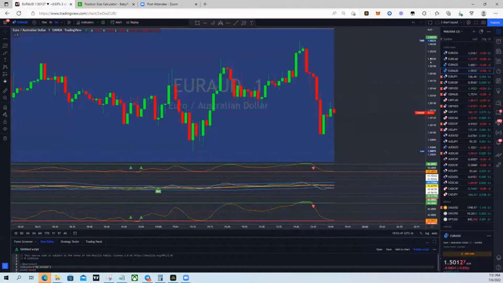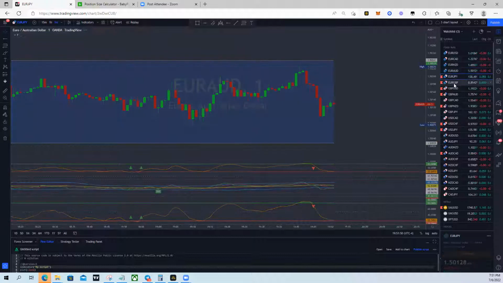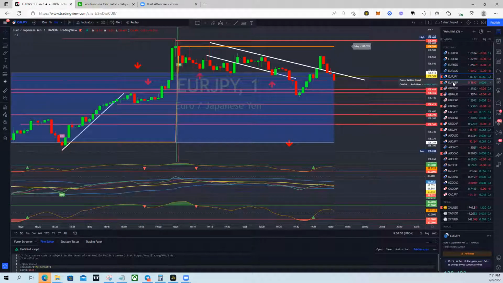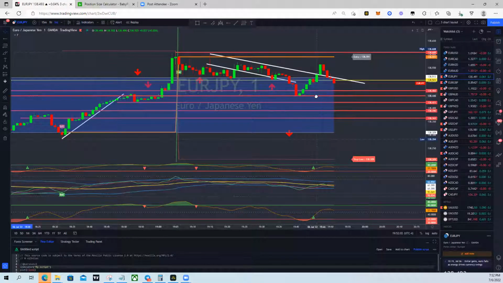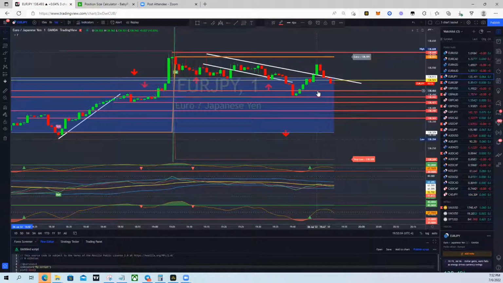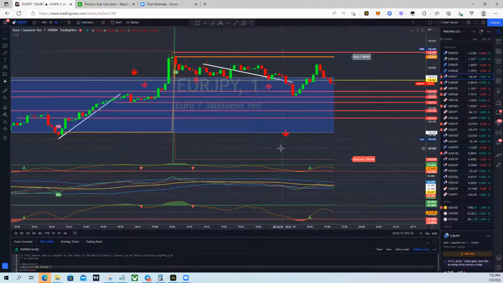Let's keep scanning. See what else we got. JPY don't want to make up its mind. Trend line was broken already.